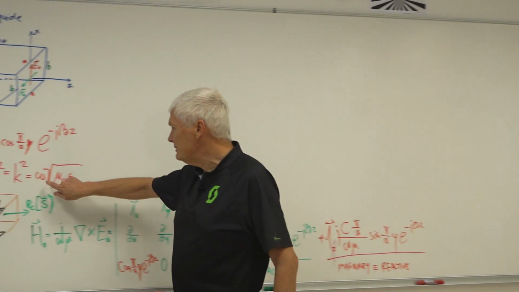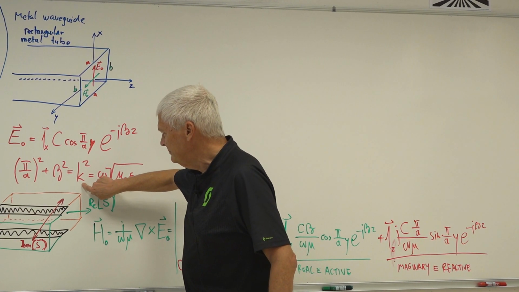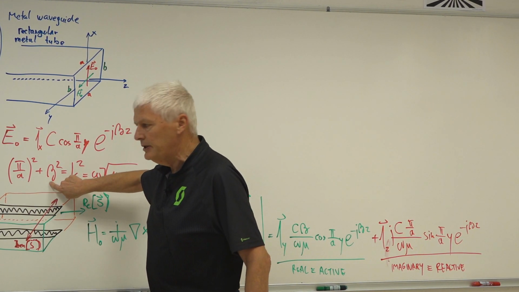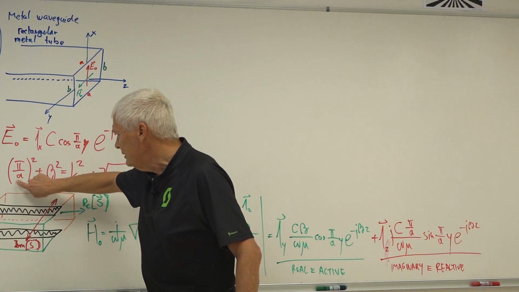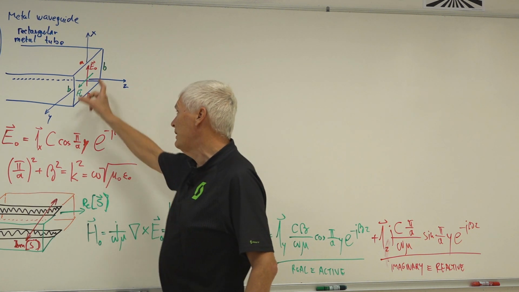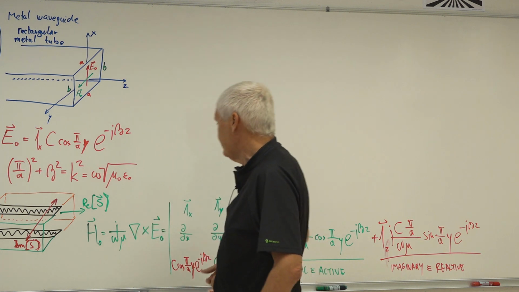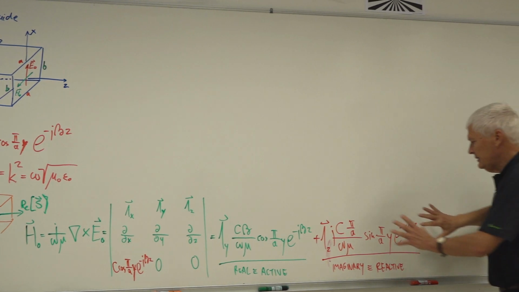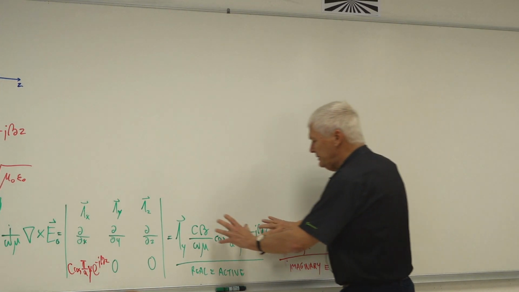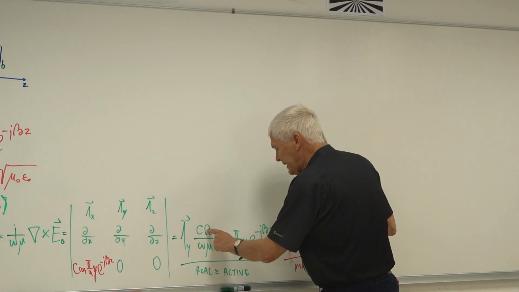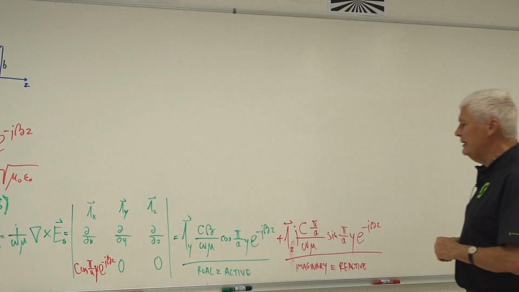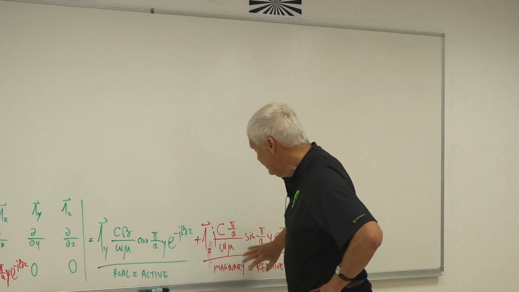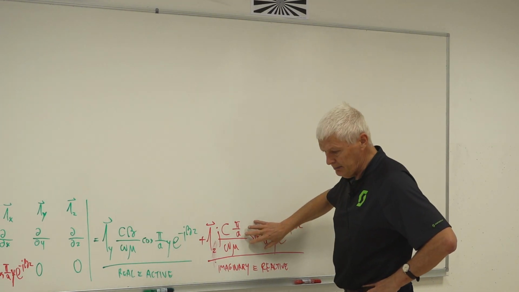If I raise the frequency, I raise k, this term stays constant while this term is growing. Beta is growing while pi over a is constant because pi over a is defined by the dimensions of our waveguide. So the higher the frequency, the more important the real part, the less important the imaginary part.